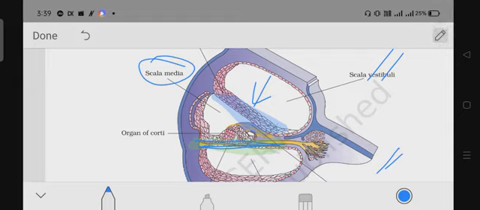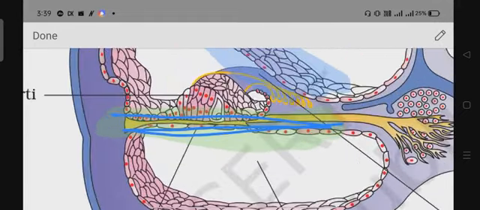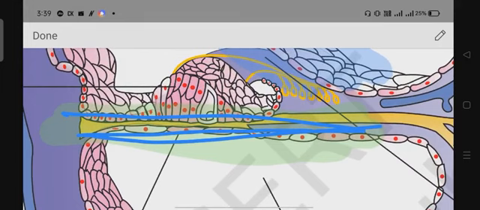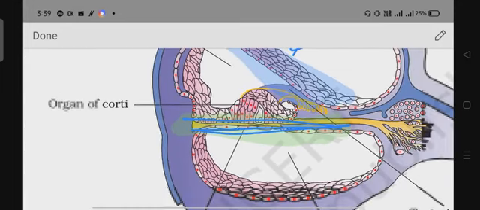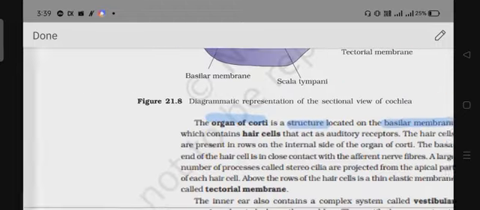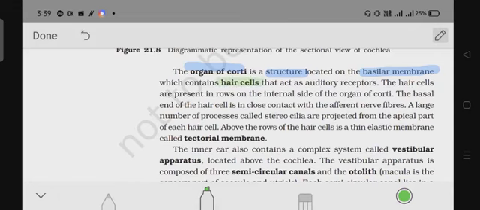Now, the organ of Corti is present over the basilar membrane. I guess you can appreciate this. Basically, the organ of Corti is comprised of hair cells. On one end these hair cells are bounded with the organ of Corti, and on the other end they have stereocilia.